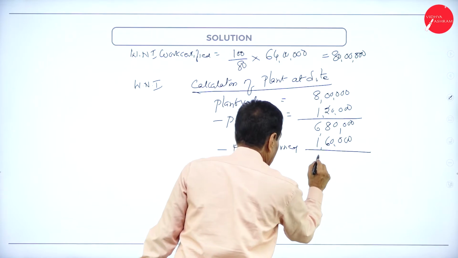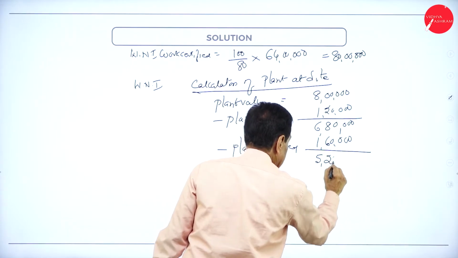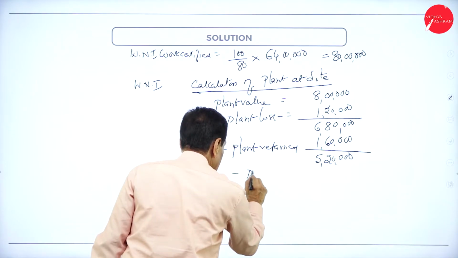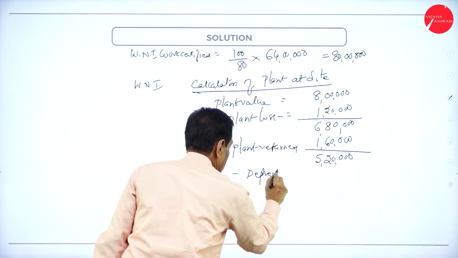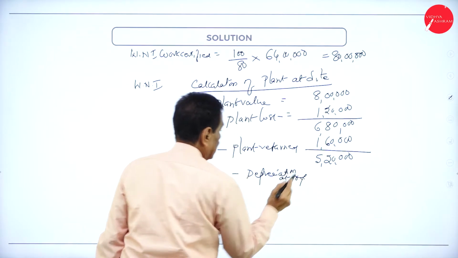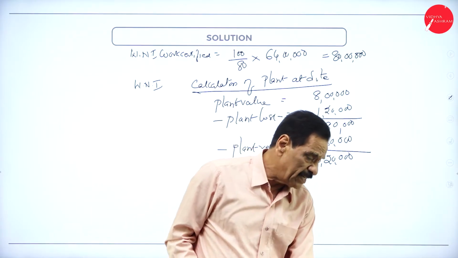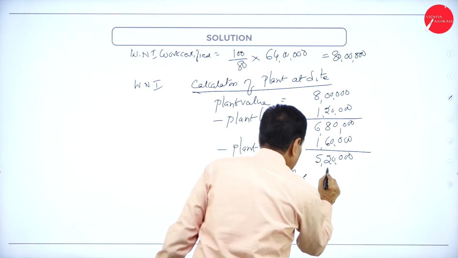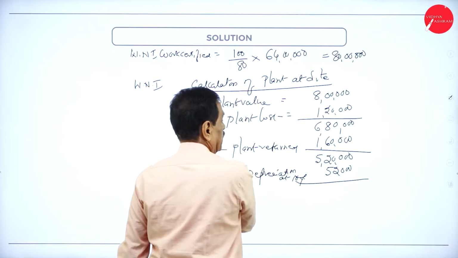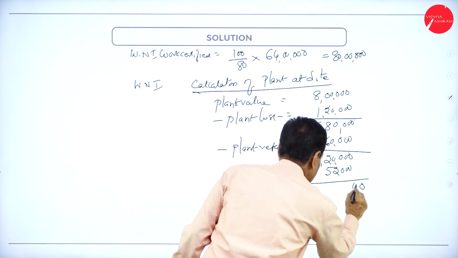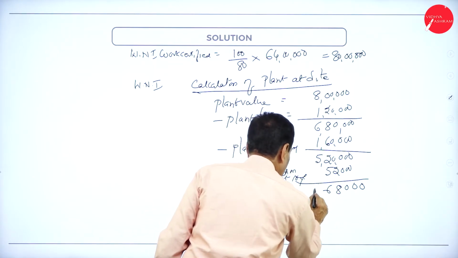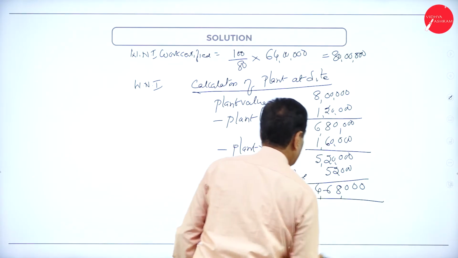Deduct, 5,20,000 minus depreciation at 10%. You have to calculate the depreciation at 10%. This is 52,000. Deduct, 4,68,000.